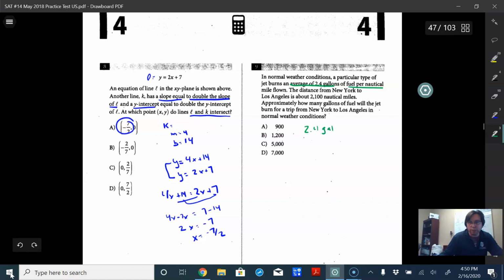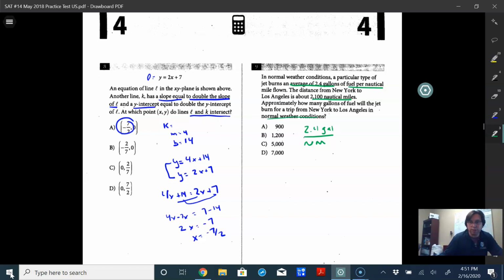Remember, per means a fraction relationship. The distance from New York to Los Angeles is 2,100 nautical miles. Approximately how many gallons of fuel will a jet burn for a trip from New York to Los Angeles in normal weather conditions? So this is a pretty easy rates problem.